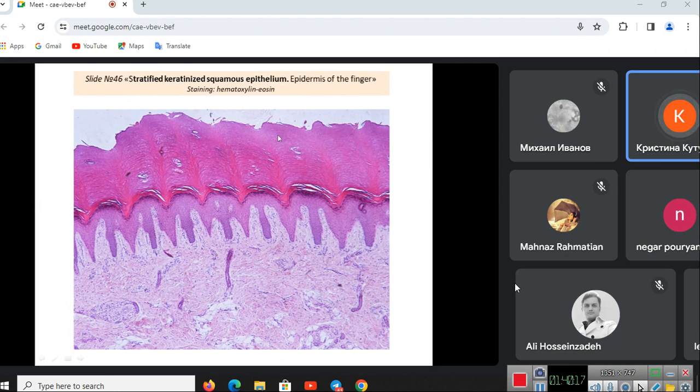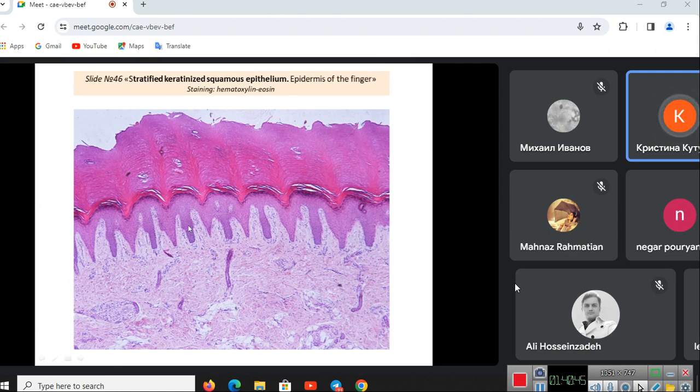So this is our epithelium. Below it we have loose fibrous connective tissue, more pale. So the basement membrane is located just at the border between the epithelium and loose fibrous connective tissue. One layer of cells standing upon the basement membrane will be called stratum basal or basal layer.